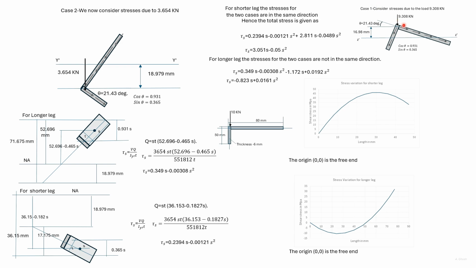So we subtract tau S for this case and we end up with the tau S for both loads. This was the original problem, and the stresses have been plotted in the shorter leg and the longer leg. These stresses are for the original problem. For the shorter leg, it has been plotted till 47, and for the longer leg, it has been plotted to 77 millimeter. That is the point C.